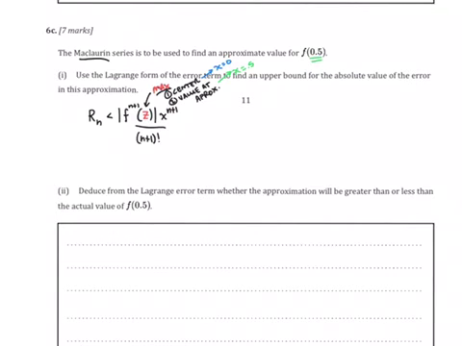Okay, so for this situation, use the Lagrange form of the error to find an upper bound for the absolute value of the error in this approximation.